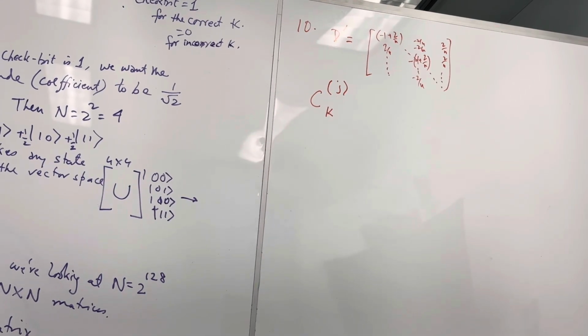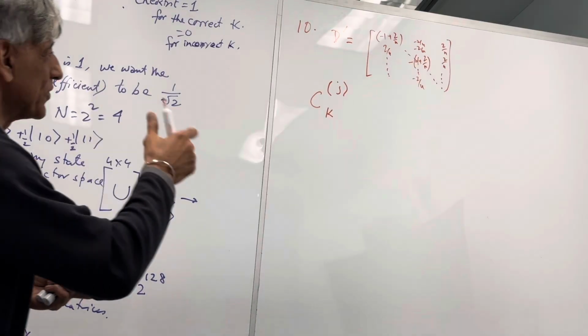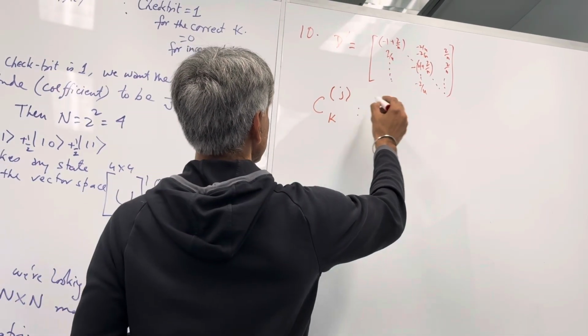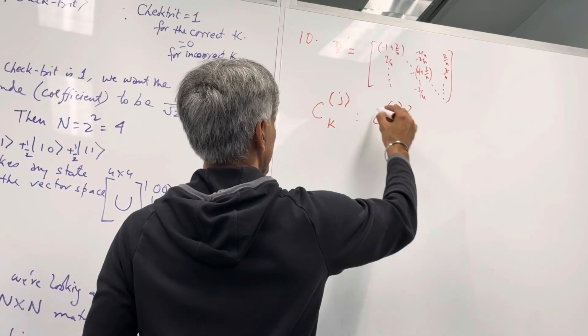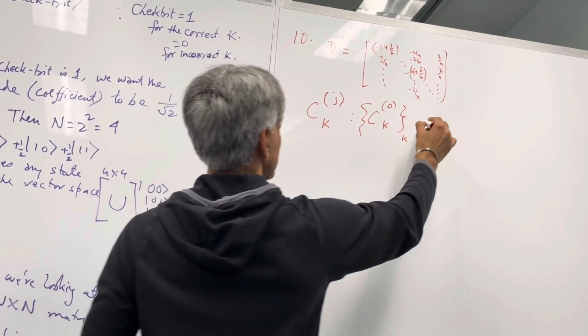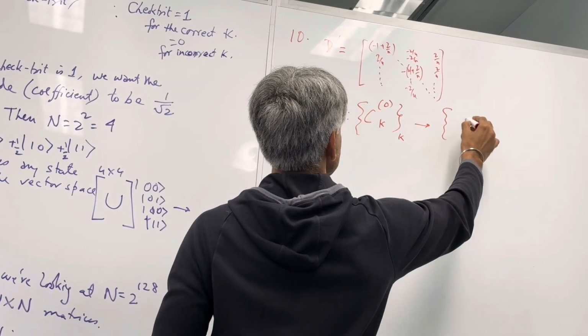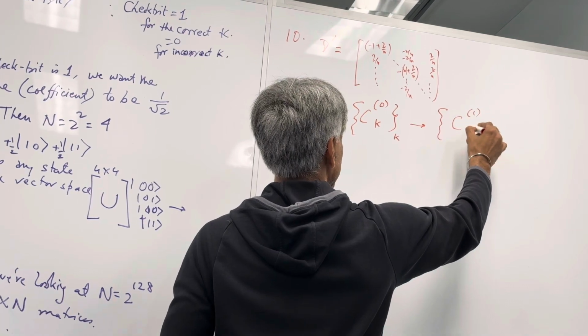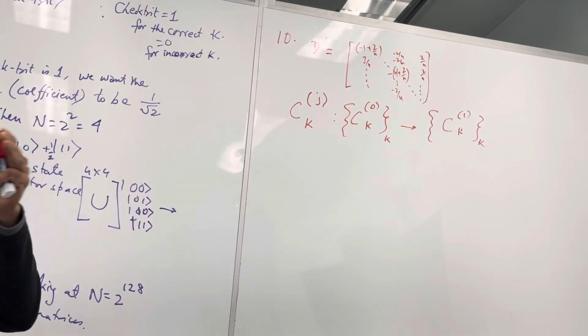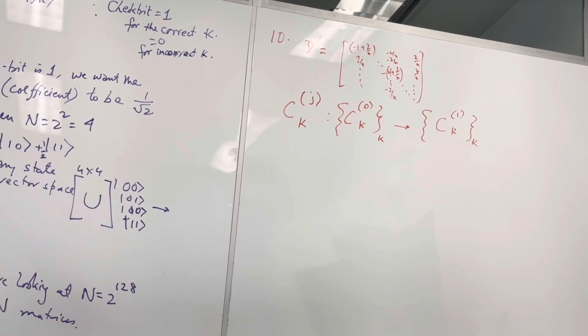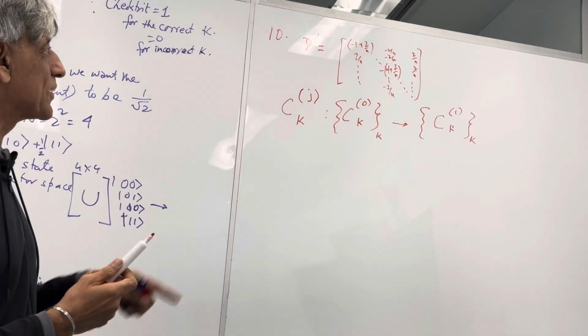So for simplicity, we are going from C0K, this combined set over all K, to C1K. It is this whole set of coefficients. Good. So what is the contribution?